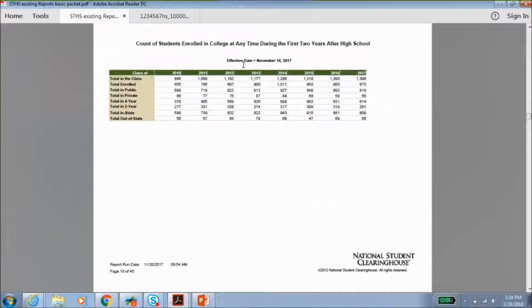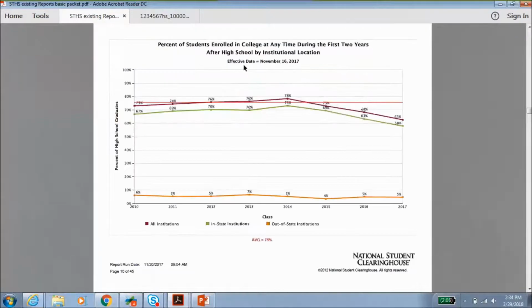And Michelle, can you touch on why maybe there's more of a dip in the class of 2016 and 17 on this report? So this is a report showing 2 years after high school graduation.